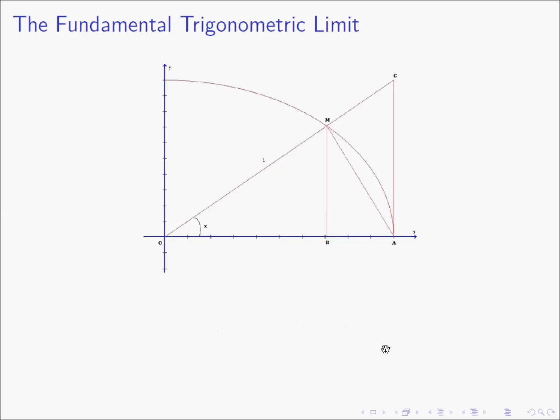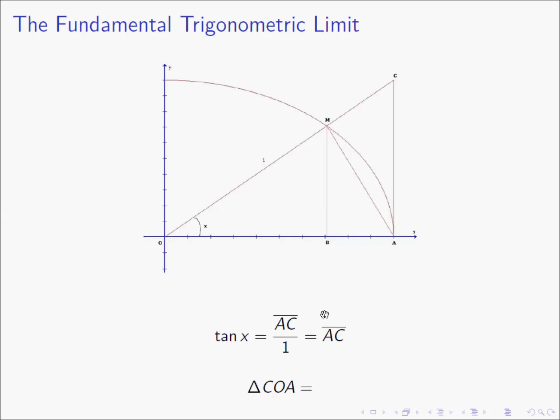So we're going to calculate the tangent of x. Here we can calculate tangent of x as this side AC over the side OA. But OA is the radius, so it is 1, and we have that tangent of x is AC. Now the area of the triangle COA is base times height over 2.